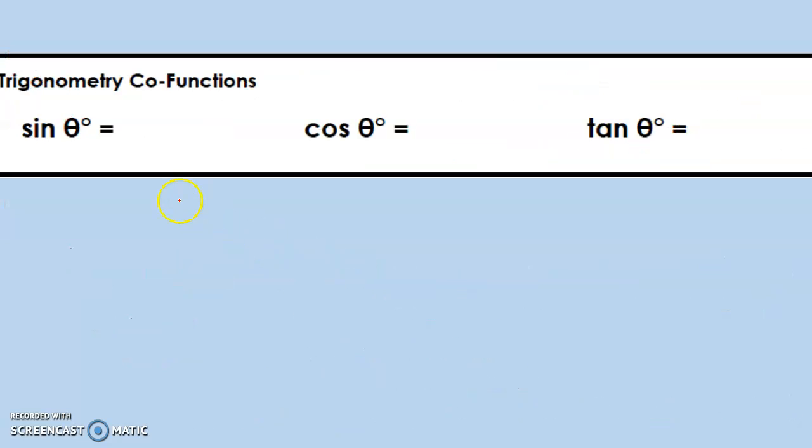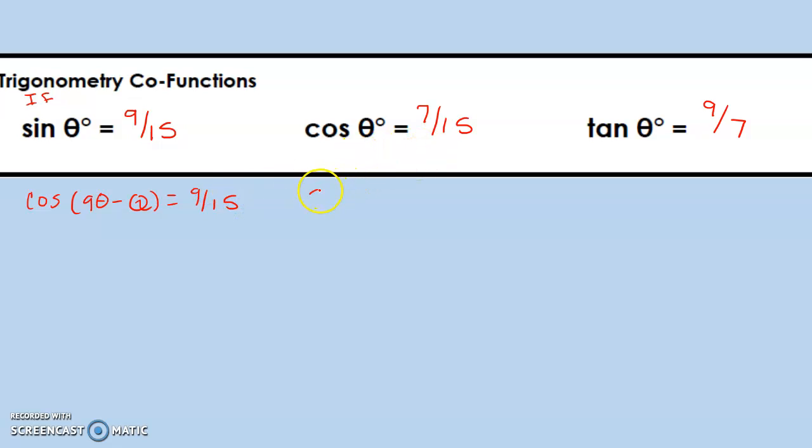So for instance here, if I say that my sine of theta is 9 over 15 and cosine is 7 over 15 and my tangent is 9 over 7, then I would say that the cosine of 90 minus theta would equal the same thing.